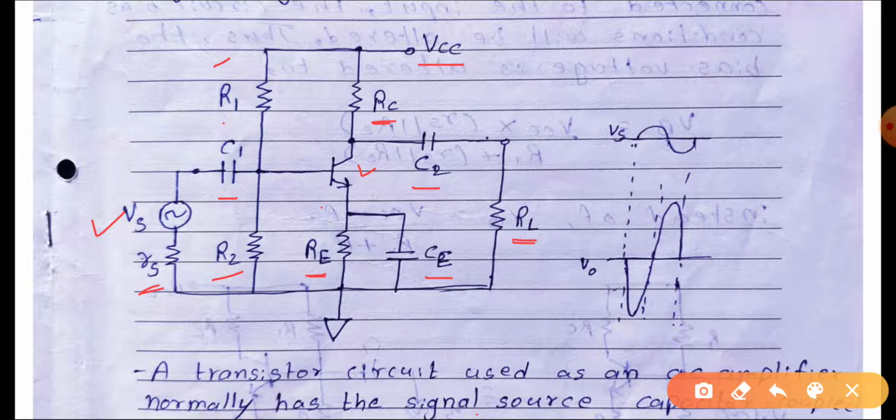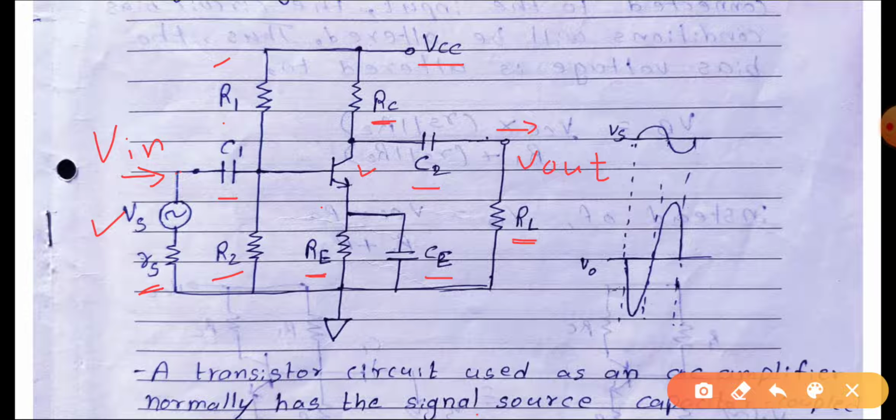At this point you will give input to the amplifier, and here you can collect your output. Here you can say Vout, and here Vin, that is the input voltage and output voltage.